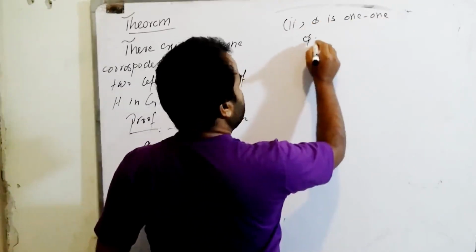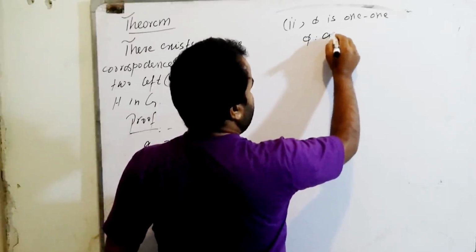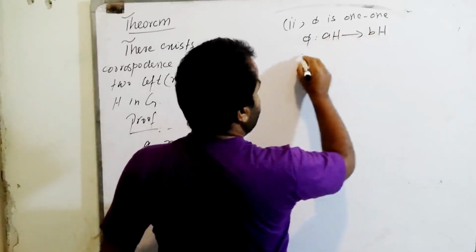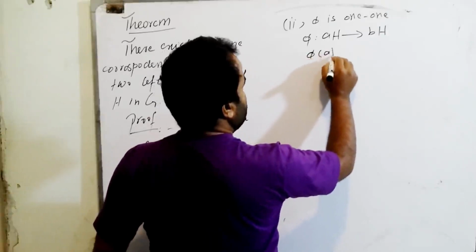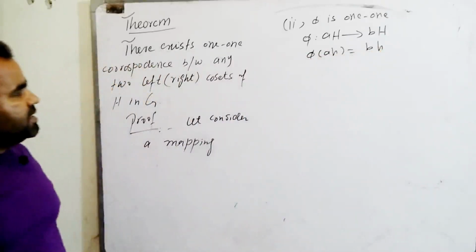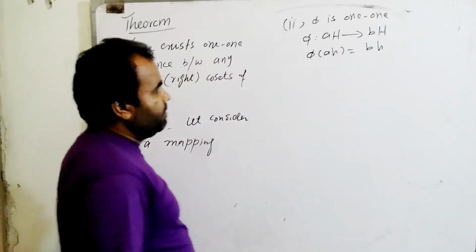The function that we have taken is from the coset AH to BH, and we defined it as phi of AH is equal to BH.